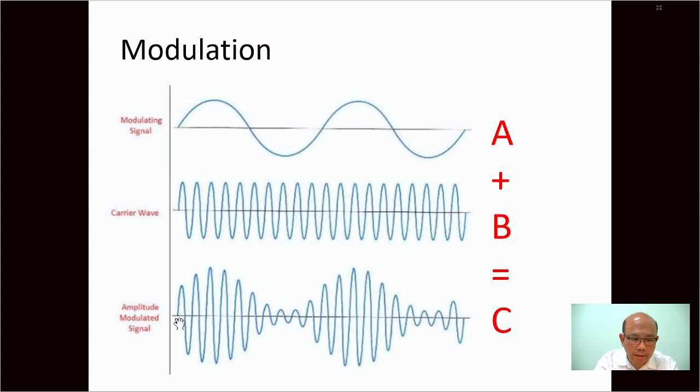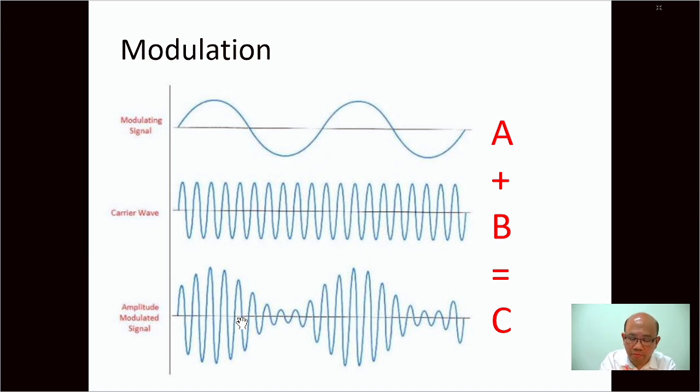When you look at signal C, it's changing at the top here. This looks like the curve in signal A. Inside, the changing looks like signal B. The signal from the radio transmitter goes out from the antenna.